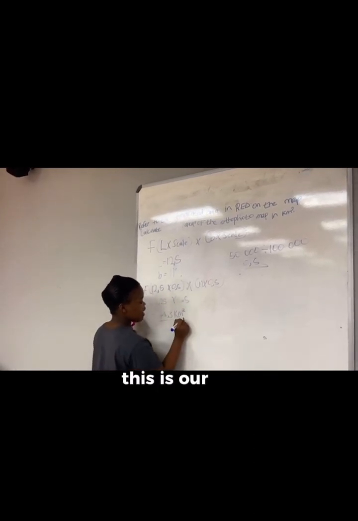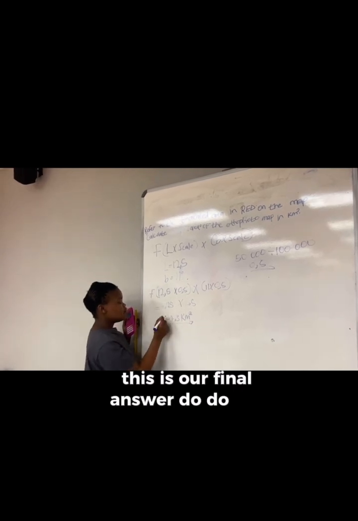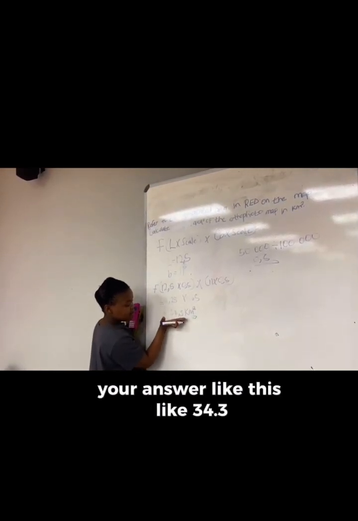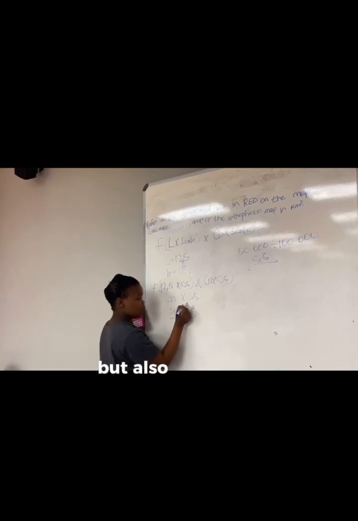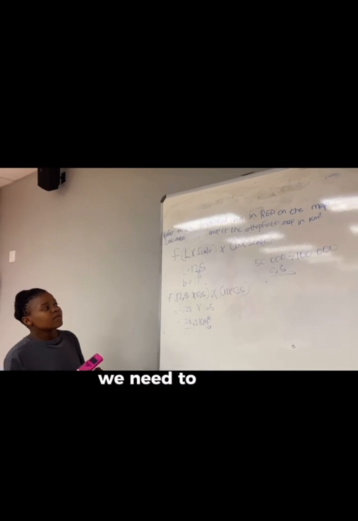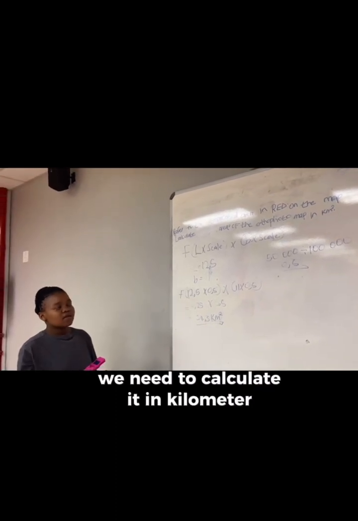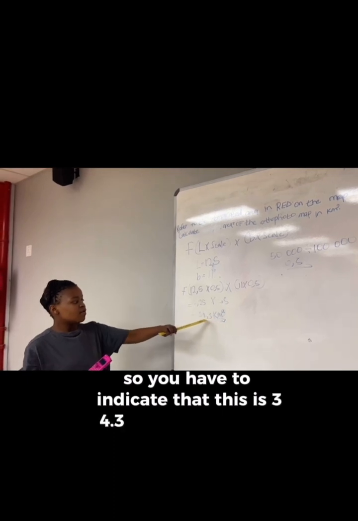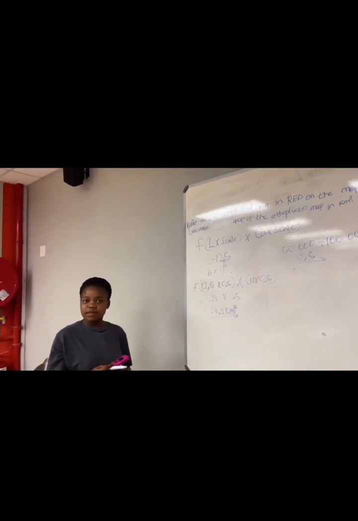Yes, this is our final answer. Do not just leave your answer like 34.3, but also include the units, because remember the question said we need to calculate it in kilometers squared. So you have to indicate that this is 34.3 kilometers squared.